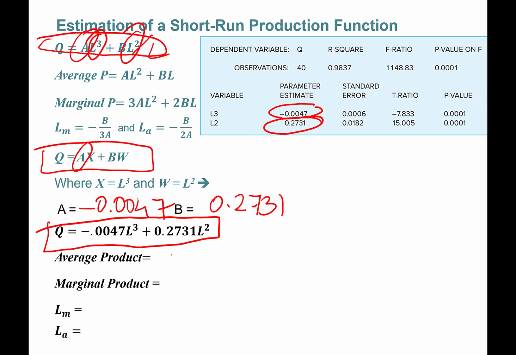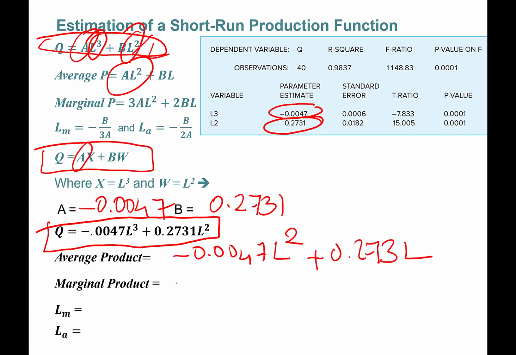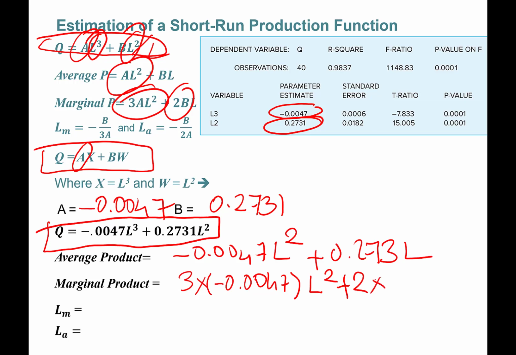And if you want to write average product, it's going to be A, negative 0.0047, L raised to the power 2 plus B, 0.2731 L. Marginal product is going to be, you can write this down, 3A, 3 times negative 0.0047 L raised to the power 2 plus 2B, 2 times 0.2731, I just grab B, L. Okay, what is LM?